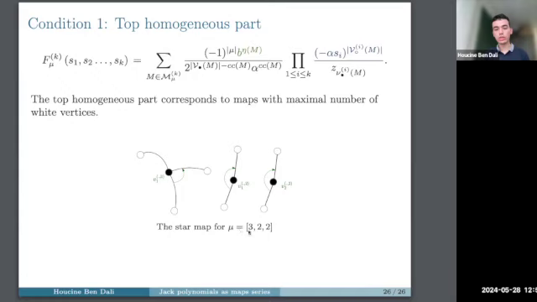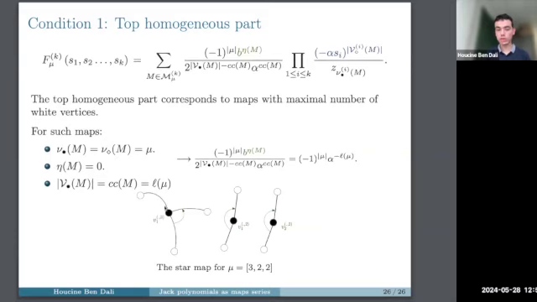So in particular, here we are fixing the face type 3, 2, 2 in this example. What we can prove is that the face type also corresponds to the type of black vertices, which means that for each face we have exactly one black vertex. So this partition of black vertices corresponds to the partition of faces, which is exactly the partition mu. But also these maps are orientable. So from the definition of the statistic of non-orientability, we know that the associated statistic should always be 0.